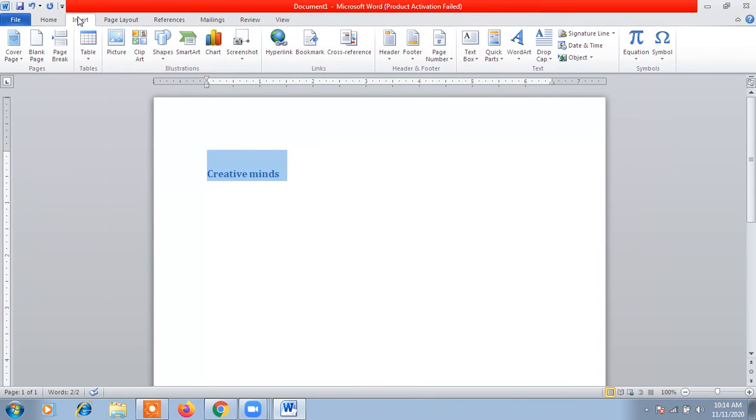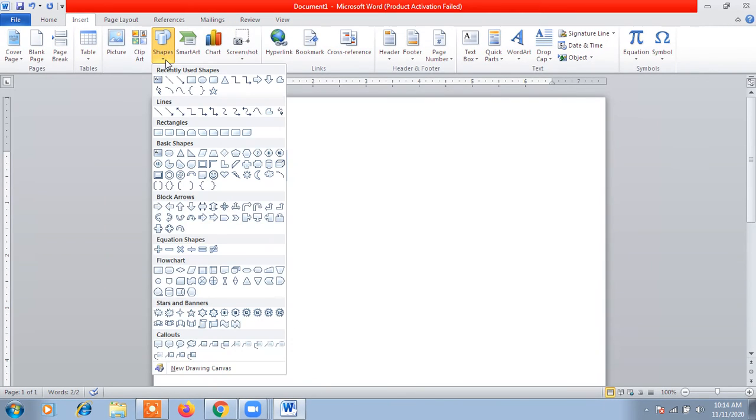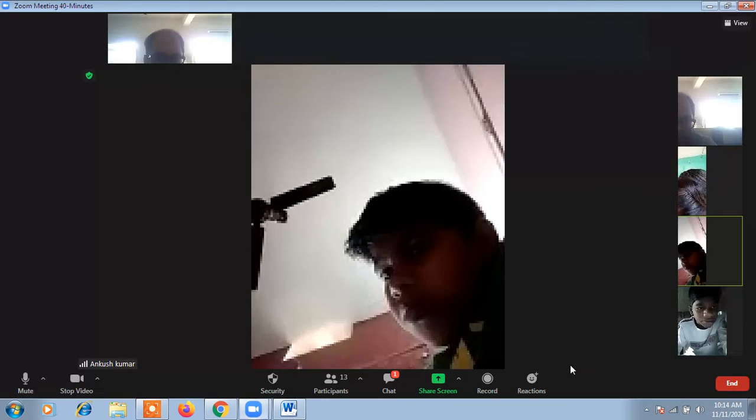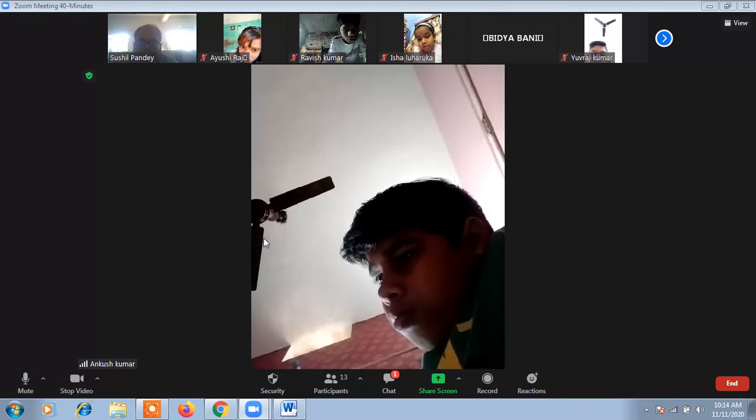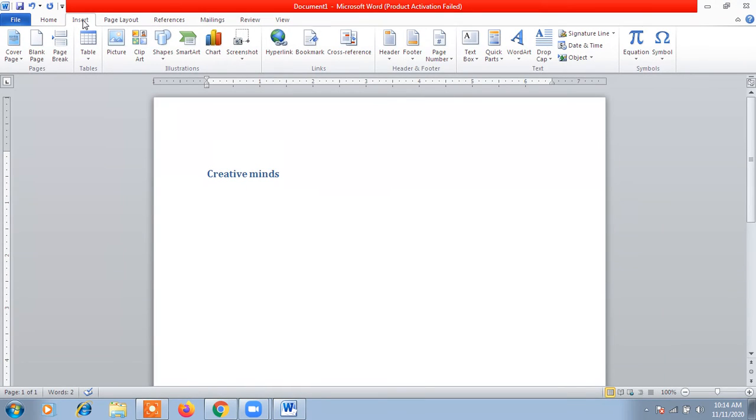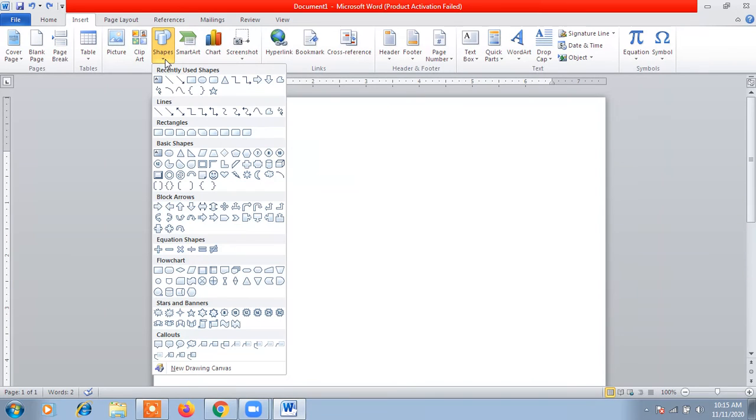See here, in the Insert tab, Illustrations group, click on Shapes. You can draw lines, rectangle, circles, arrows, stars and banners also.